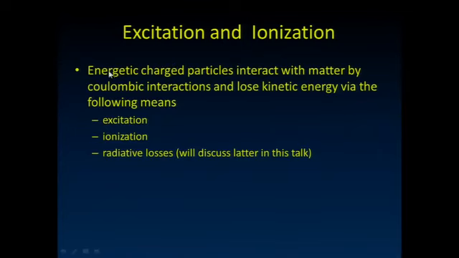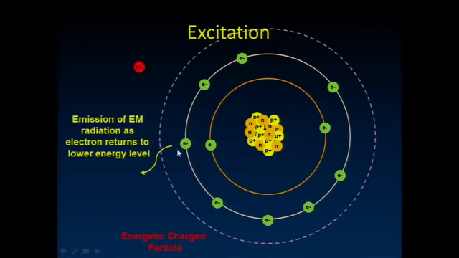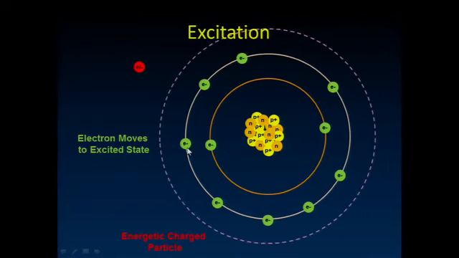So energetic charged particles interact with matter by Coulombic interactions and lose their kinetic energy via excitation, ionization, and radiative losses. So these are things that have mass, particulate radiation, mass and charge here. Here we have an energetic charged particle, and as it passes close to an atom, it may excite one of these outside shell electrons, and that electron may move to a slightly higher shell temporarily and then move back.